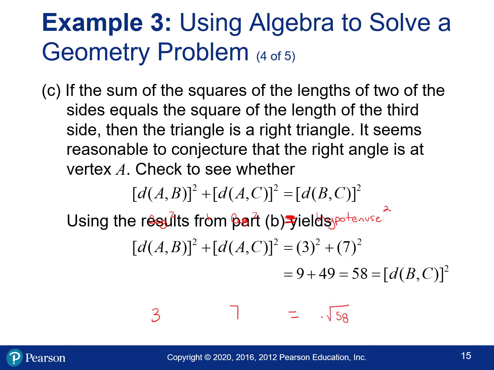Okay, so using our Pythagorean theorem, we're wondering, is this leg squared plus this leg squared equal to the hypotenuse squared? And so we have it here. This is 9 plus 49, which is 58. So when you square right here, you square away that radical sign, and it is in fact equal. So yes, it looked like a right triangle, but now we verified mathematically this was a right triangle.